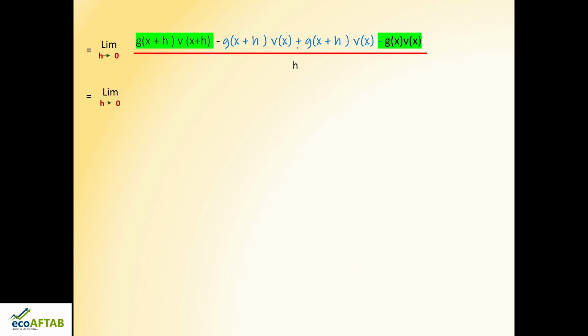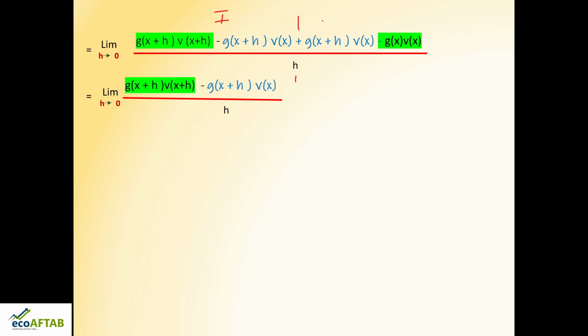So, I am going to have this as the point of division. Now, you can see how it will look. Limit h tends to 0 of g of x plus h into v of x plus h minus g of x plus h into v of x upon h. So, the first part is clear.